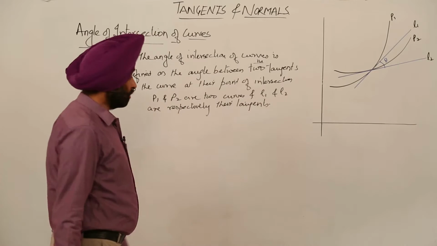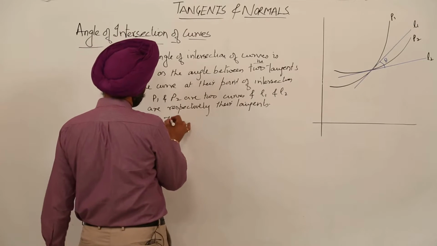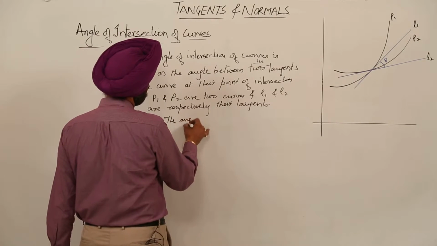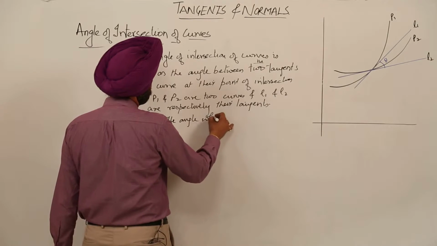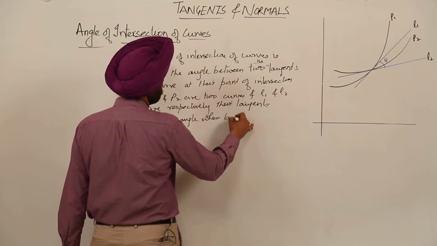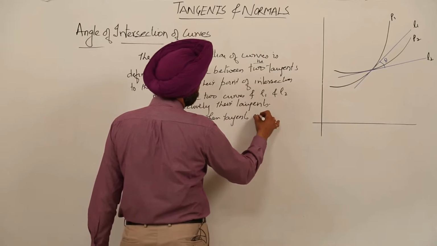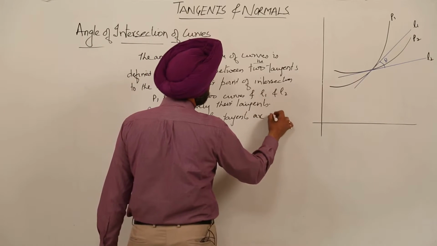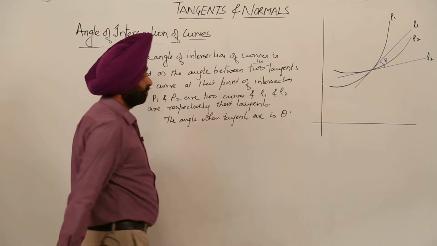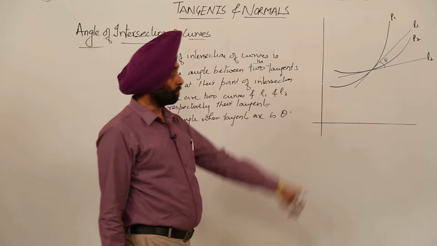Okay. Now the angle where the tangents are is theta. Okay, theta is drawn there.